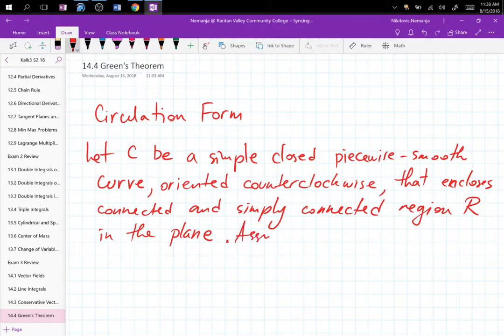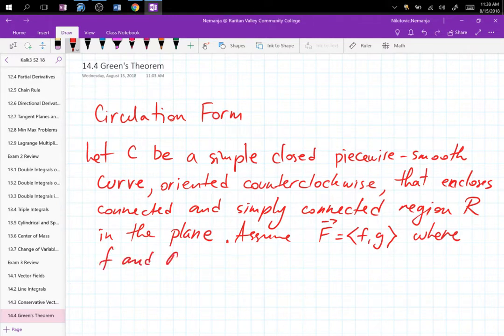Assume F is a vector field where F and G have continuous first partial derivatives.